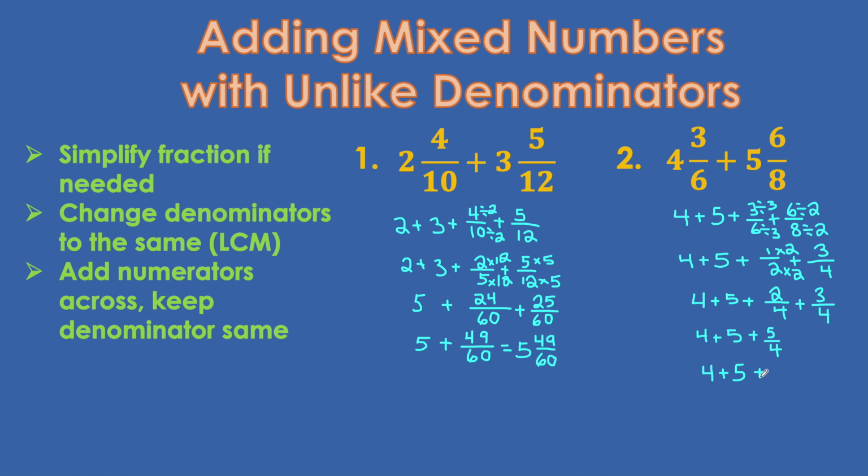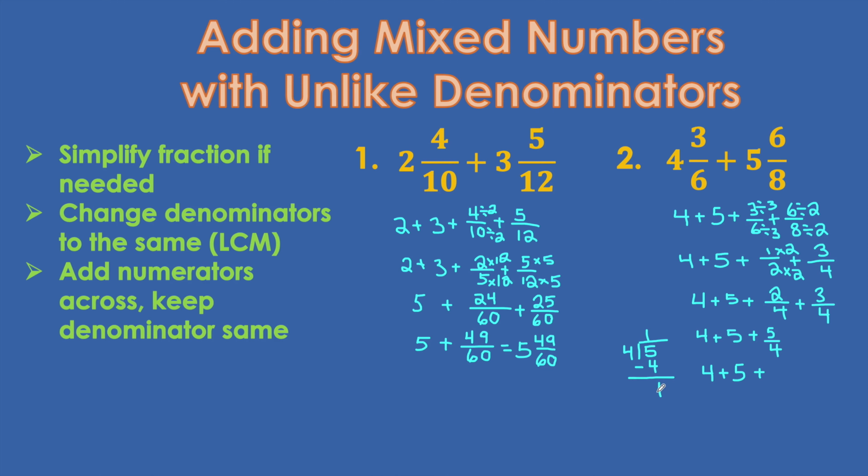We have an improper fraction here, so you want to change it into a mixed number. You're going to divide 5 by 4. 5 goes on the inside, 4 goes on the outside. 4 goes into 5 one time. 1 times 4 is 4. And subtract. 5 minus 4 is 1.